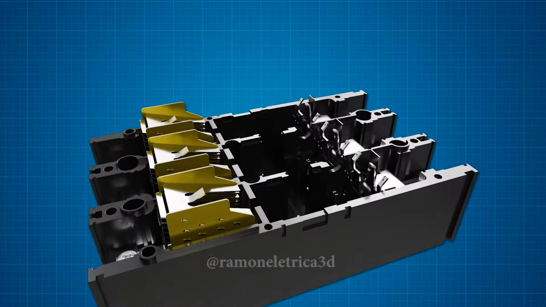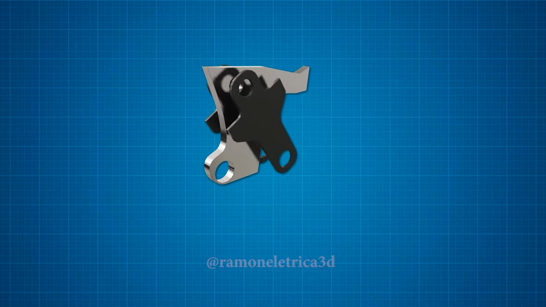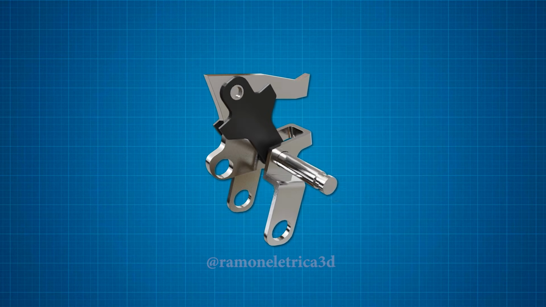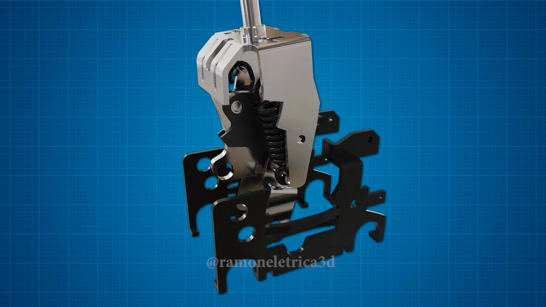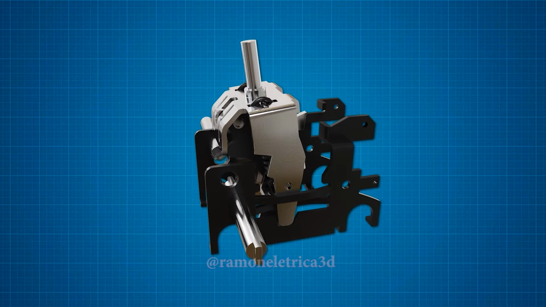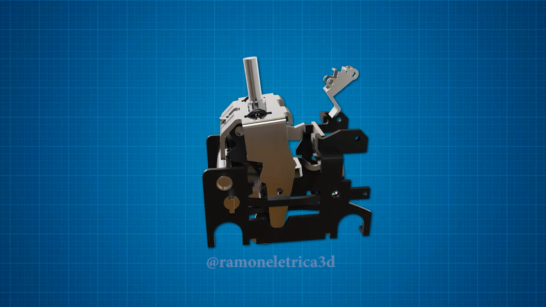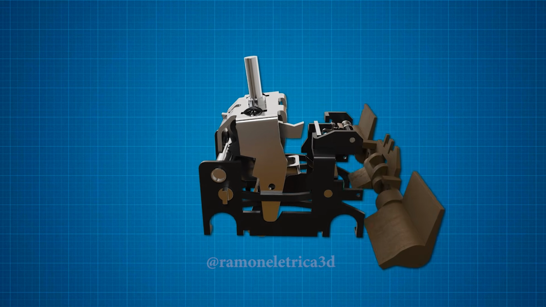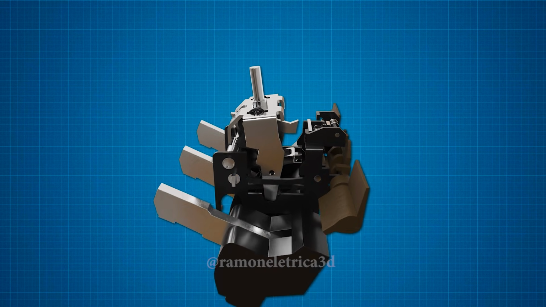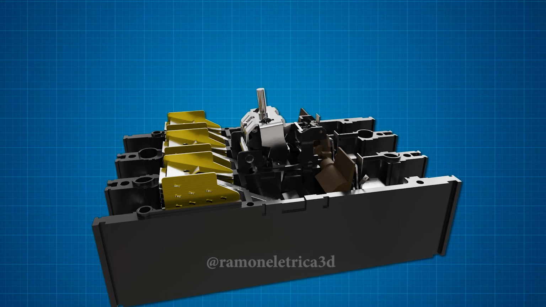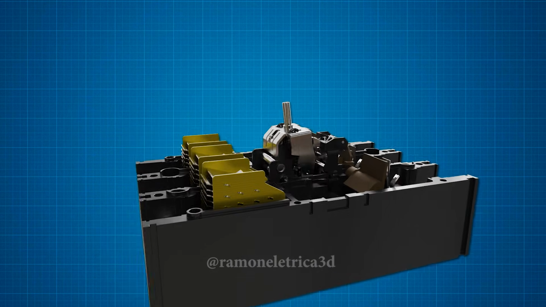I'm going to show you the assembly of the mechanical part of the handle. In this mechanical section, where the MCCB handle is located, I will leave the contacts opening and closing, so you can see the pieces moving.